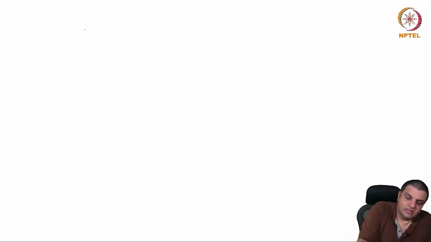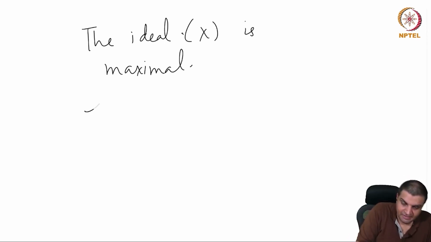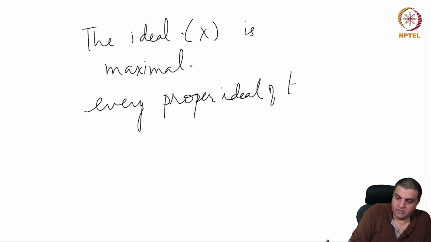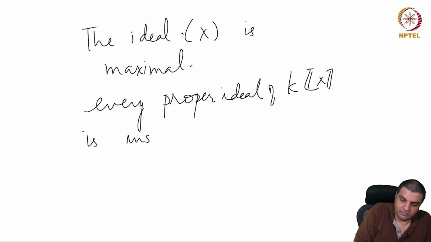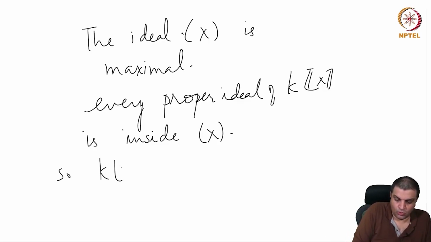The ideal generated by x is maximal, and every proper ideal of the power series ring k[[x]] is inside this. Okay, so this is a local ring.